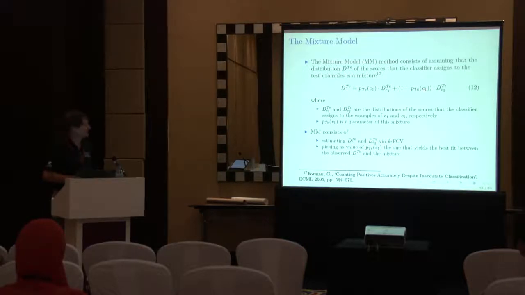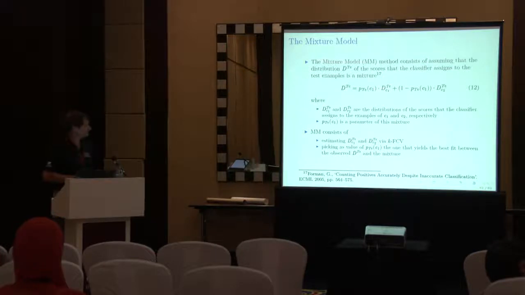So if we could reliably estimate these two distributions, and we can observe the total distribution in the data, then the remaining parameter is what we really want to estimate, the class prevalence.